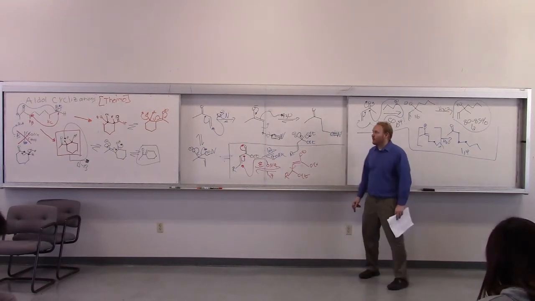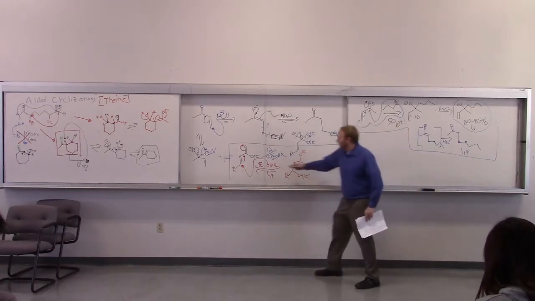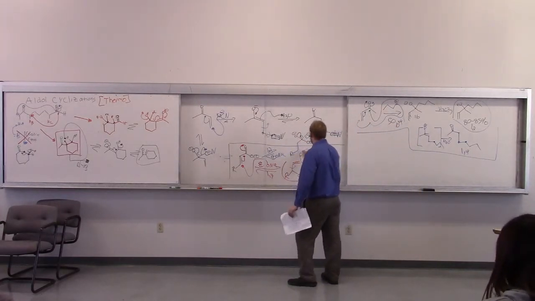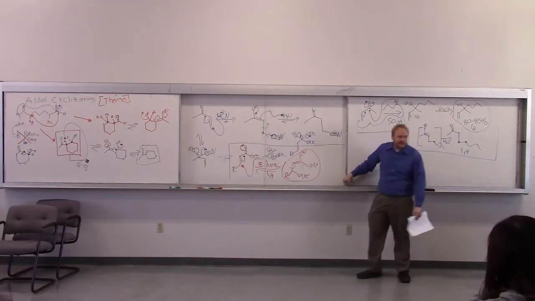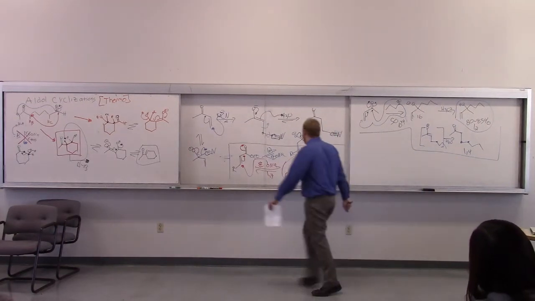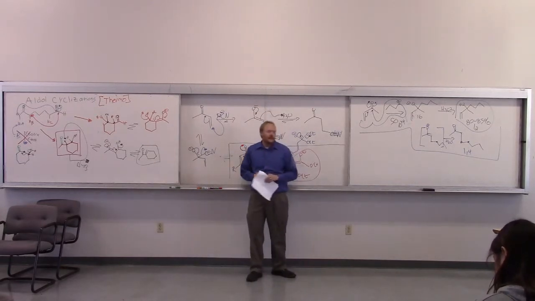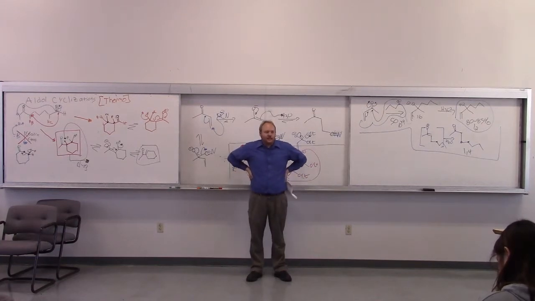And because the 1,4 product's not going to go backwards as much, eventually everything's going to funnel through something like this. And furthermore, if we're using sodium methoxide as the base, what's our solvent? Methanol.